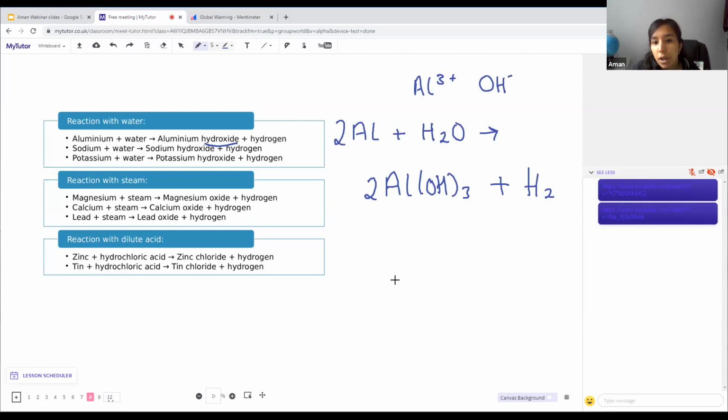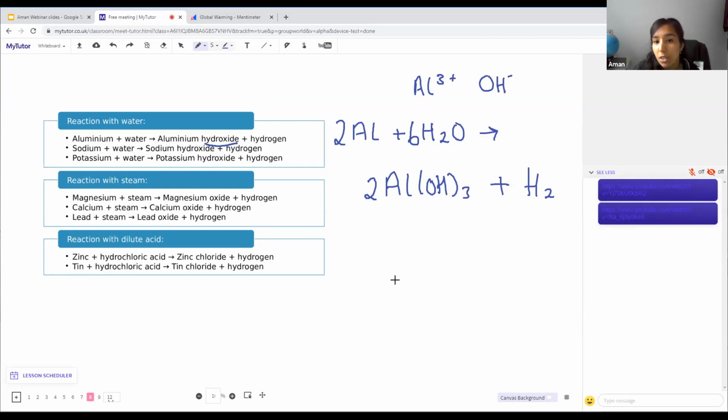But then if we have a look at our oxygens, it won't work because it won't match with the hydrogens. So if we have a look, we have 2 oxygens times 3, which is 6. So that means that over here, we would have to put a 6. Now we've got 2 times 3, which is 6, plus 2, which is 8.